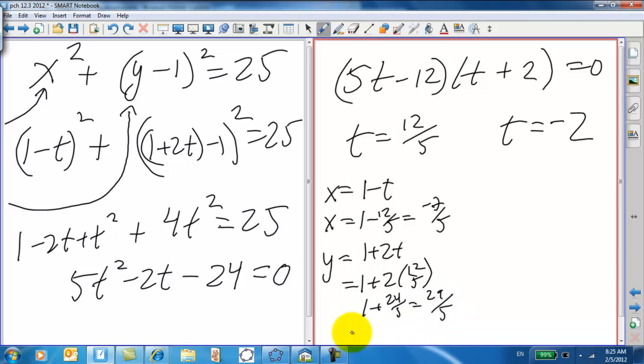So we get this point at negative 1 and 2/5, comma 29/5, which is 5 and 4/5.